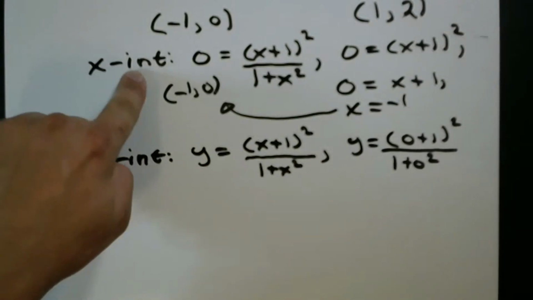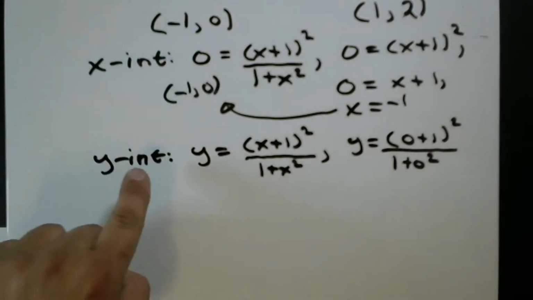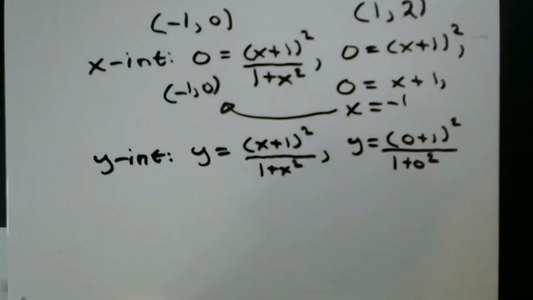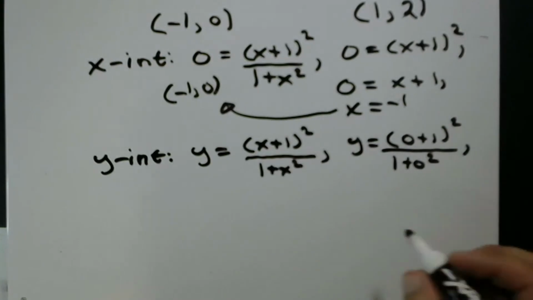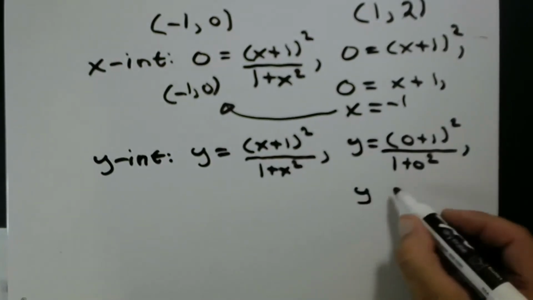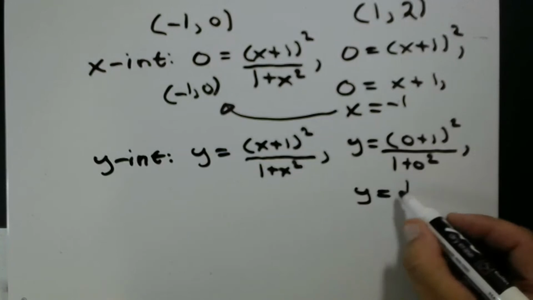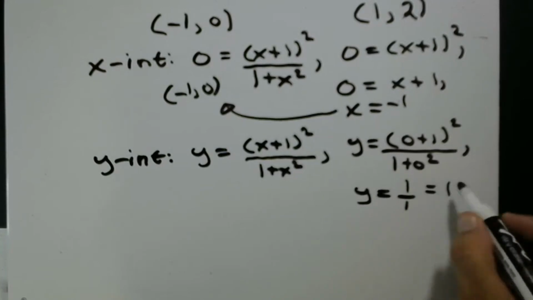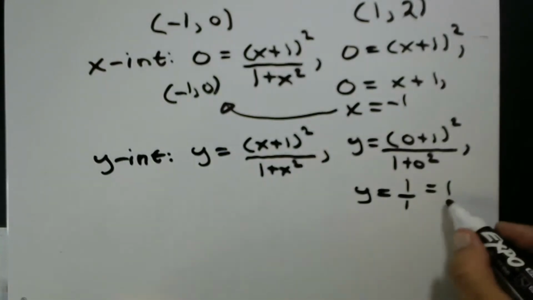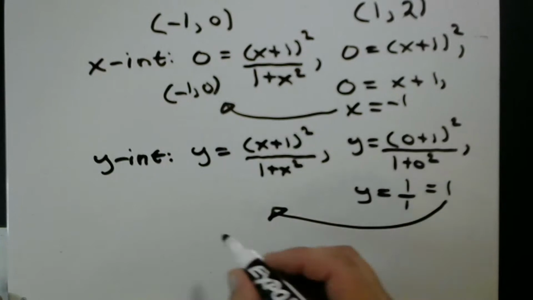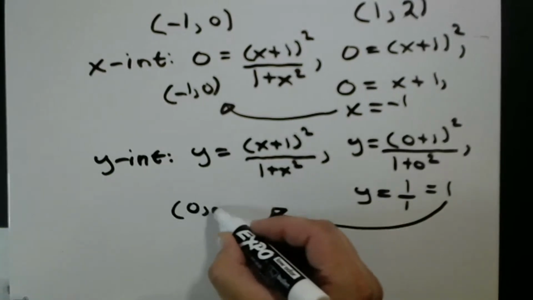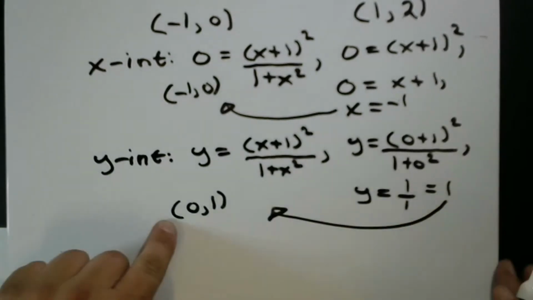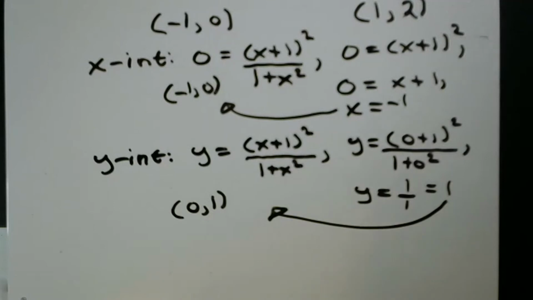So to find an x-intercept, we let y be 0. To find the y-intercept, we let x be 0. And what you'll get when you simplify is 1 over 1, or 1. So (0, 1), which again turned out to be the same point where we crossed the horizontal asymptote.